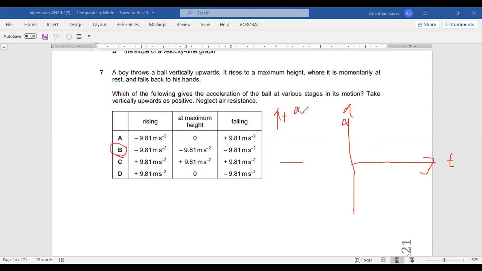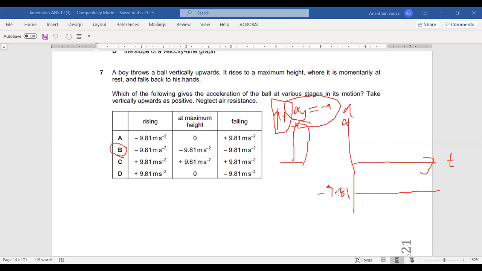AY is always negative 9.81, whether the object is going up, stationary for a while, or going down. Gravity is unaffected by your state of movement. If you take upwards as positive, the AT graph is a constant negative 9.81, if you remember we drew it earlier.